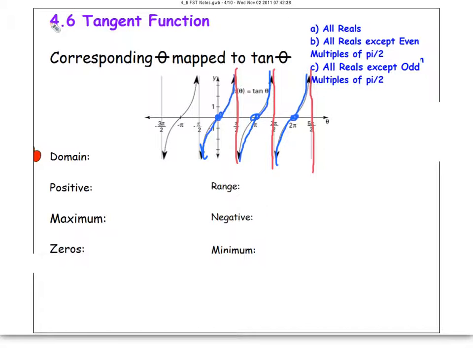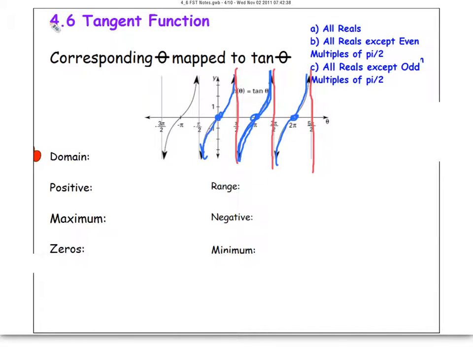So let's talk about the domain. If you look at what I've traced in blue, there is a domain issue with the tangent function. This is not a clean continuous function. It starts to graph right here, but has to lift up its pencil to continue to graph. So we have graph issues at these asymptotes.